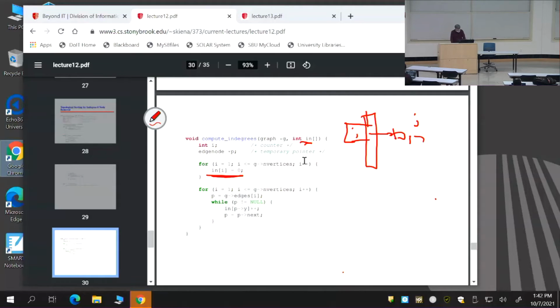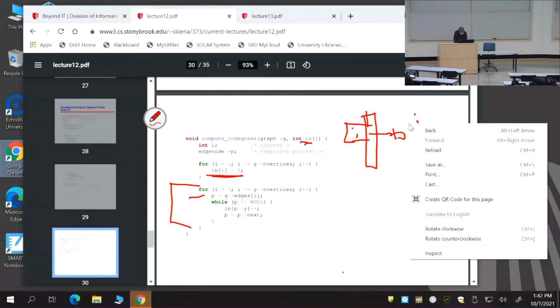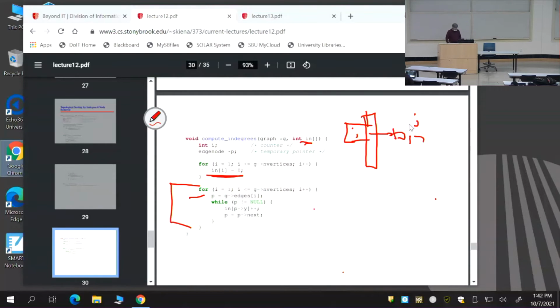So for i from 1 to the number of vertices, for each edge on i's list, if I have an entry Adj[i][y], I'm going to increment the in-degree count of that vertex. Then I finish cruising through this list and go down to the next one.